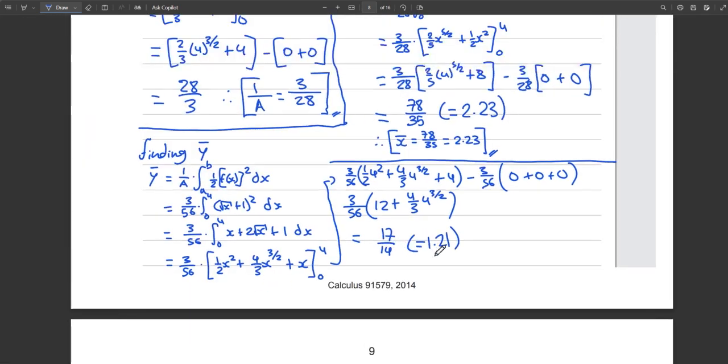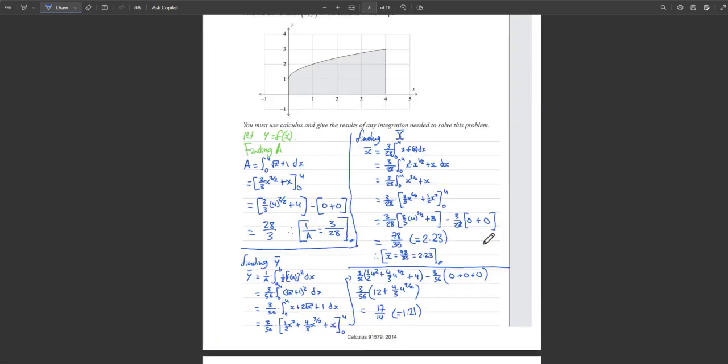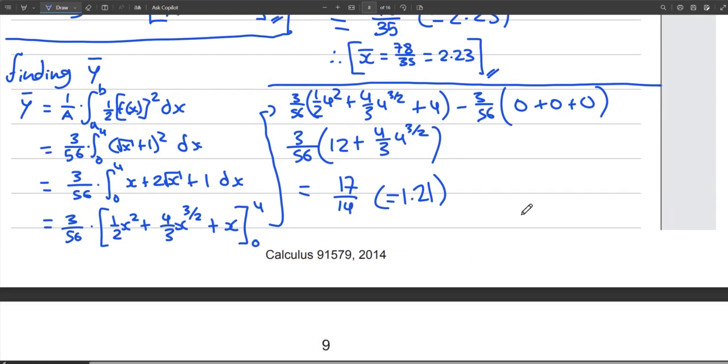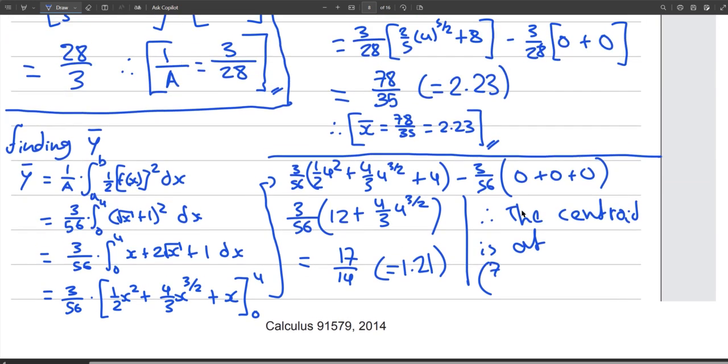And so now that we've found y bar, I can just make a quick little statement. Therefore, the centroid is at, so x bar was 78 on 35, comma 17 on 14, which is also the same as 2.23, comma 1.21.